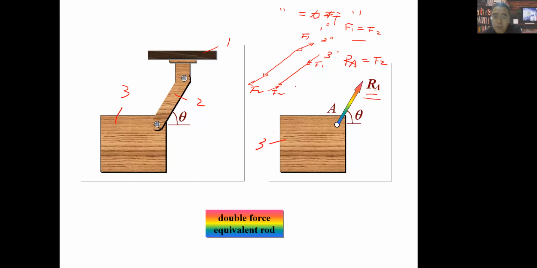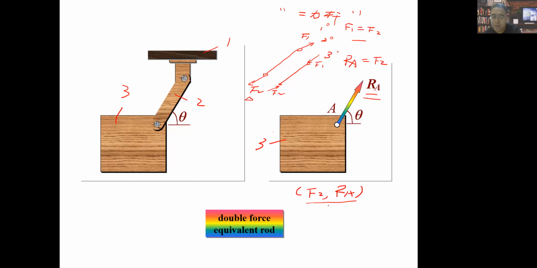Because when this rod tries to pull this body 3 in this direction, this body also has a reaction force trying to push this rod in the opposite direction, right? If I draw like this, we can find F2 here and Ra actually is a pair of action and reaction forces.